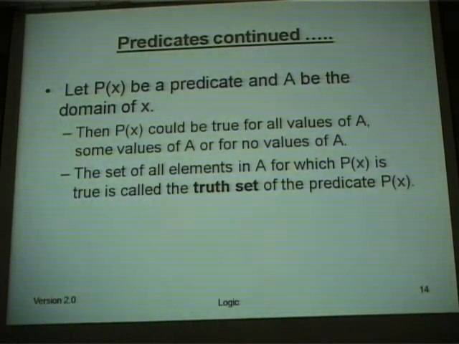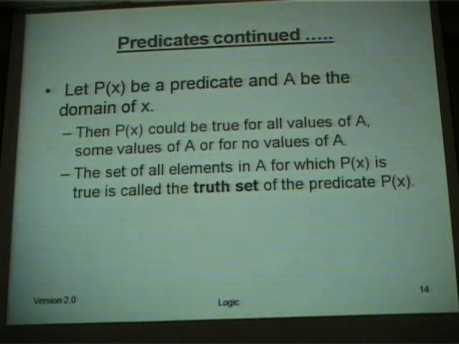Now look at one way of determining the truth value. You can say for all values of a, P(x) is true, or for some values of a, P(x) is true, or for no values of x, P(x) is true.